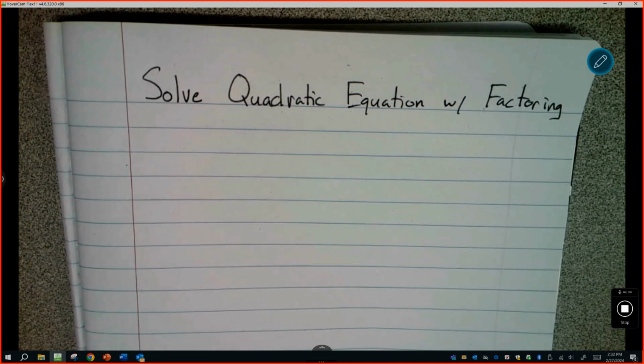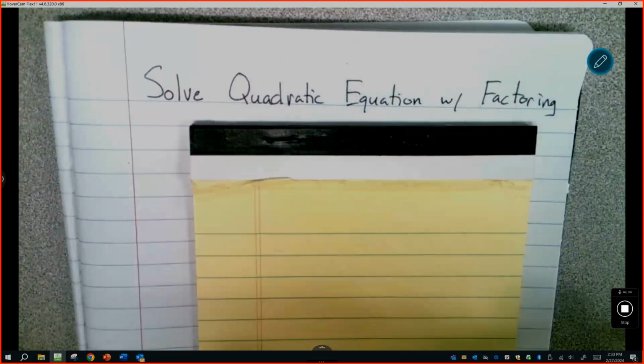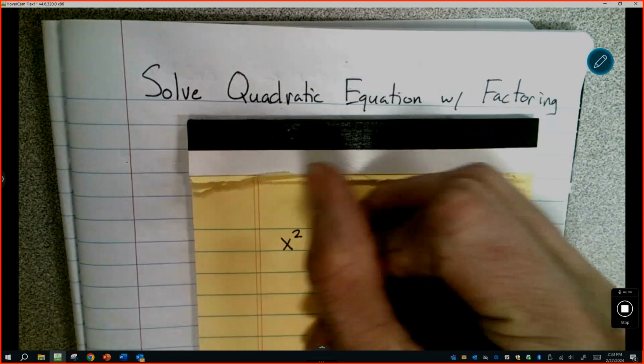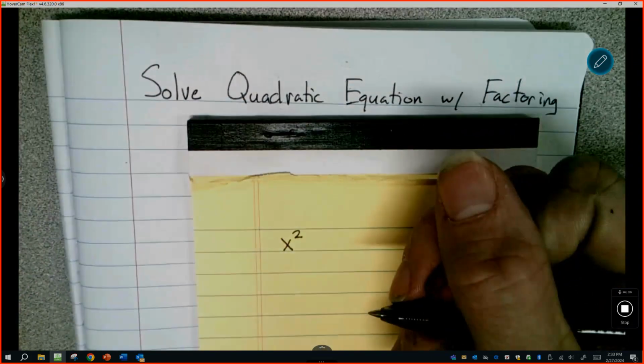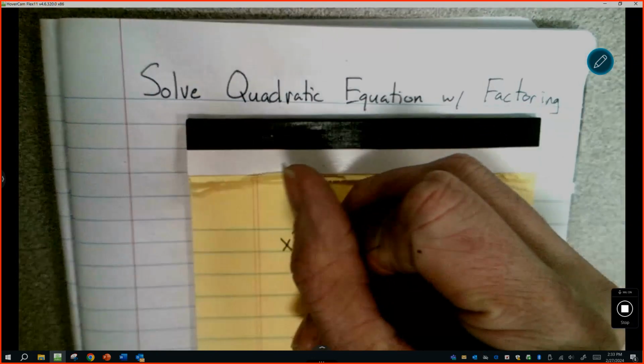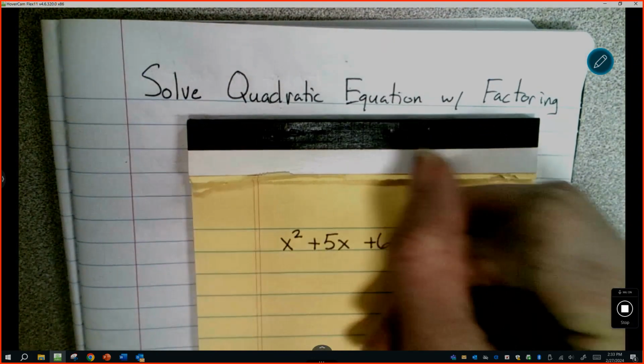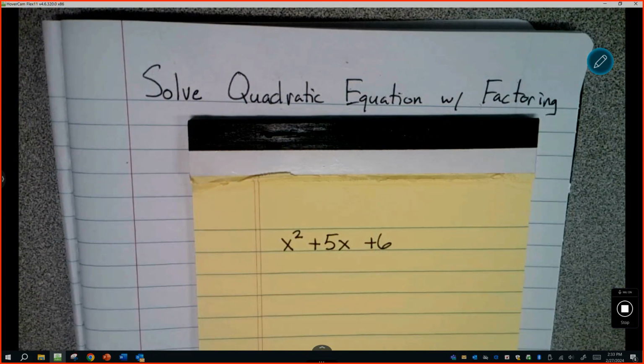quadratic equation with factoring. The first thing you need to understand is, if I have a quadratic equation, say for example, x squared plus 5x plus 6, and I wanted to find the solution, and I'm talking about the x-intercept here, what do I know about an x-intercept?